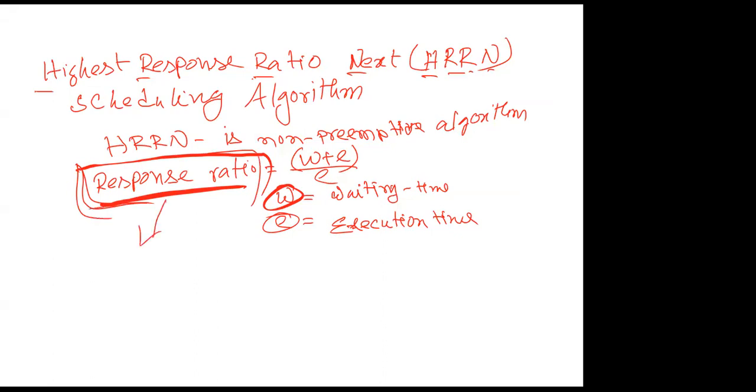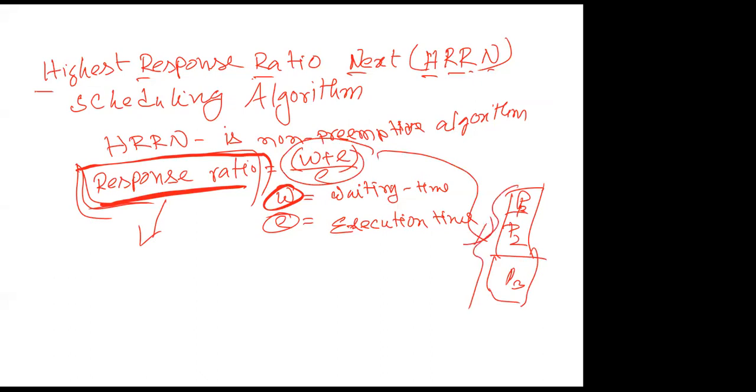Let's say there are three processes inside the RAM: P1, P2, and P3. You calculate the response ratio among these three processes, and the highest response ratio will get the CPU first.